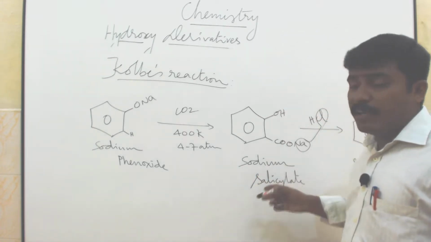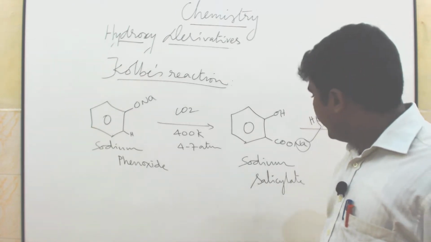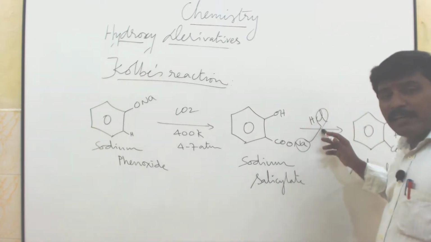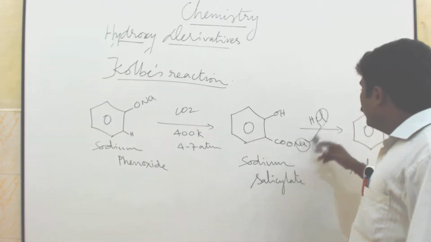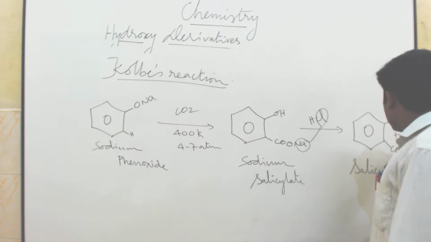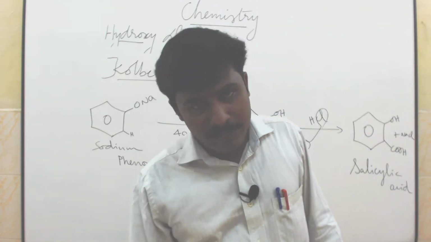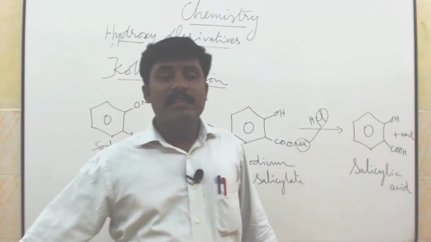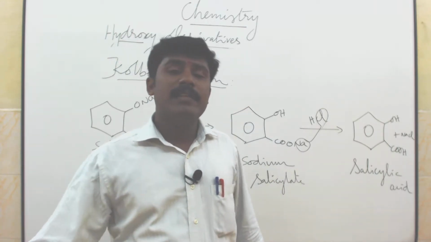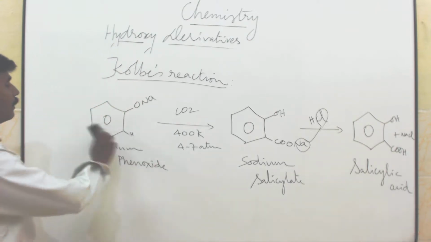You will get sodium salicylate. Followed by adding HCl, a decomposition reaction takes place, removing NaCl, so the product is salicylic acid. Nothing but the Kolbe reaction. The next reaction is the Reimer-Tiemann reaction, which is also a very important name reaction.